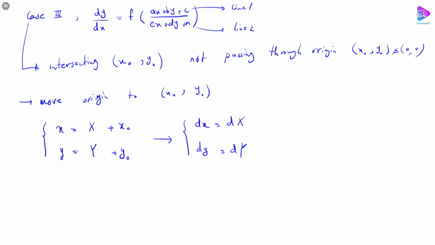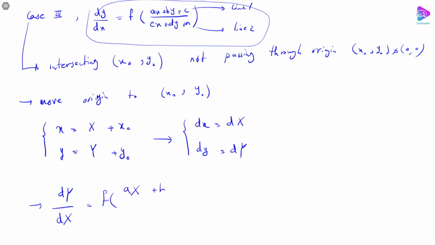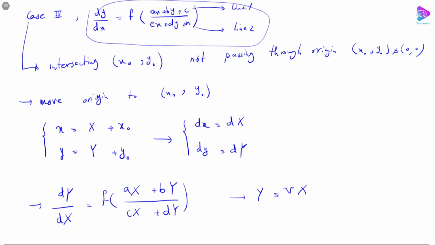If you do this change of variable, you would see that your dy over dx equation would become simplified to this form. And then, as you can remember, by doing this change of variable, we can solve this differential equation.